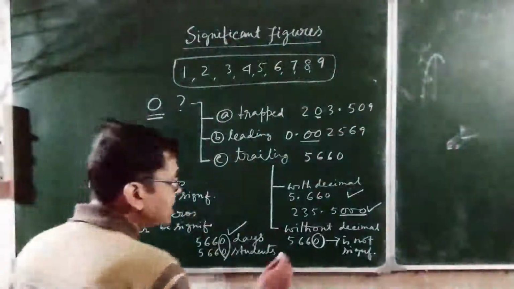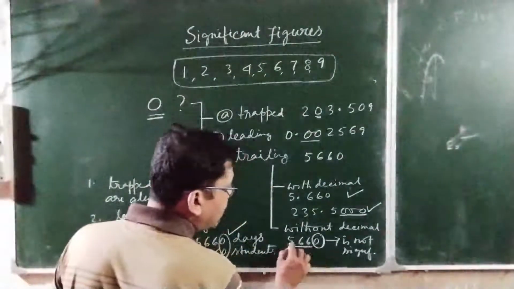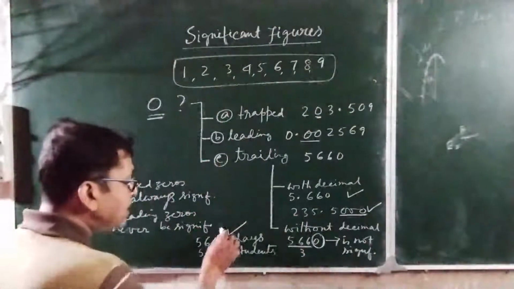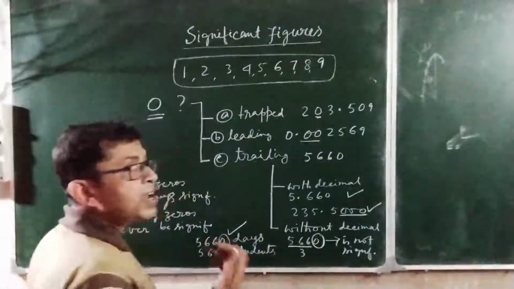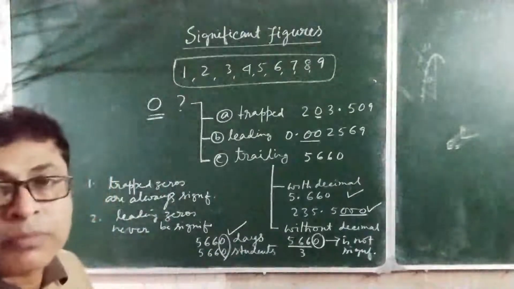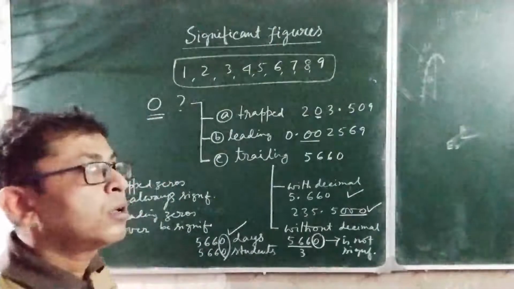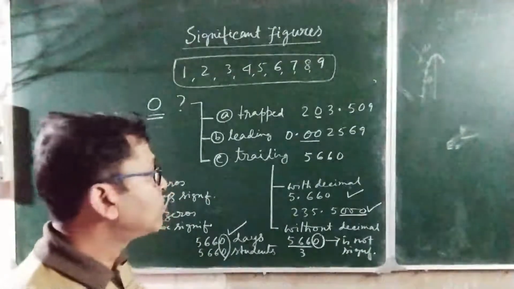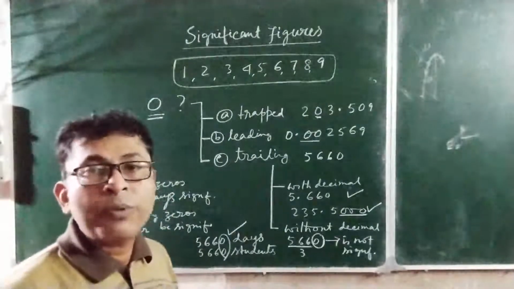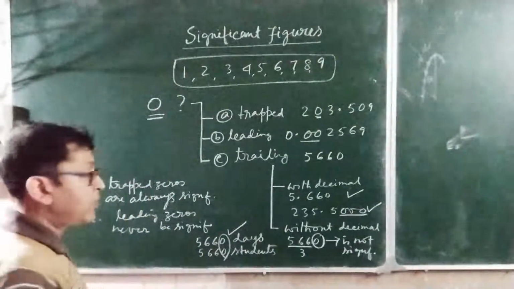Like this, in this case, the number of significant figures is 3: 5, 6, 6. But when that number indicates a particular term, quantity, physical quantity, like length or age or number of certain things, living or non-living, etc., then those zeros are to be taken as significant.